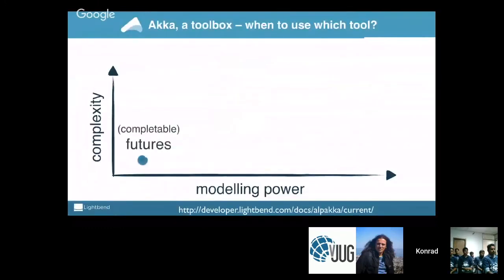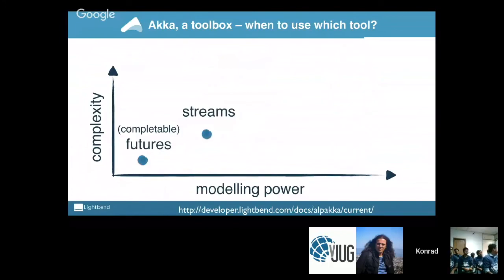So specifically, if you model it with complexity on the x-axis and modeling power on the y-axis, then okay, you have futures, not that complex, very simple. You can't model too much in them because they only have one value that will possibly be there in the future. Then you have streams. Okay, more modeling power, more complexity.